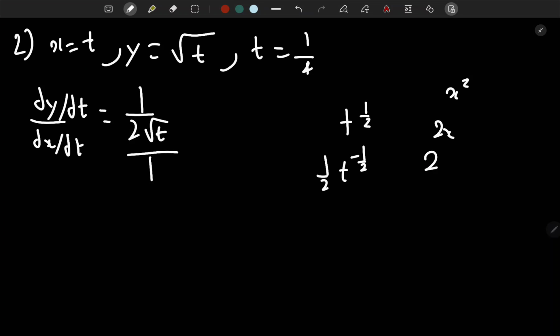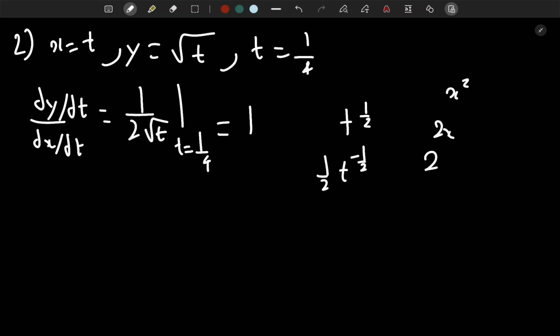The same thing applies here, so it's going to be 1 here, the derivative of t. So all we have is this part over here, 1 over 2 radical t, and we evaluate this at t is equal to 1 over 4, and we get the answer of 1.